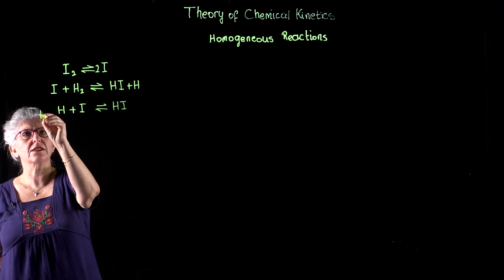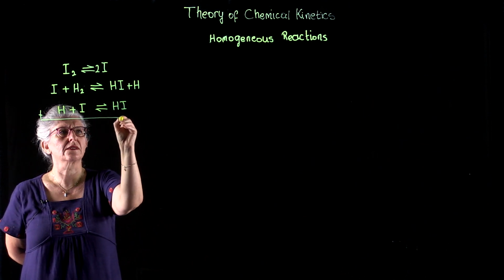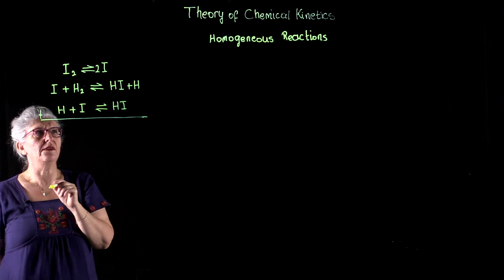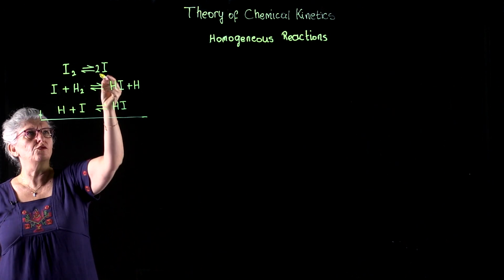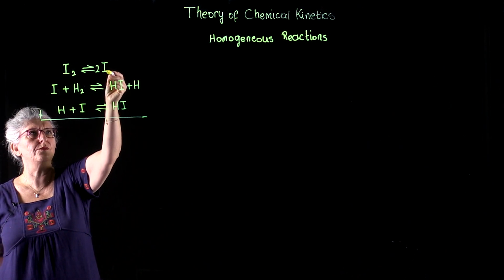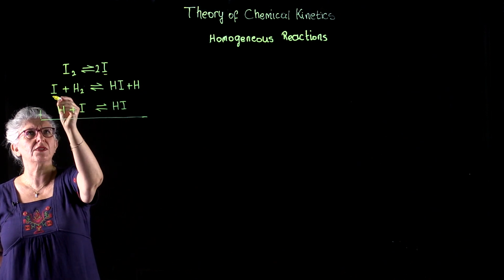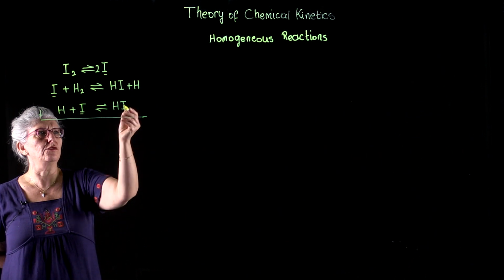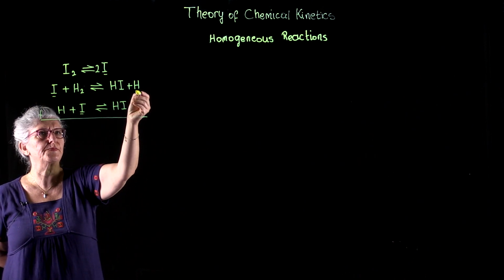The net reaction goes as follows. Here we have two iodide molecules formed. This cancels with this one and this one. We have two hydrogen atoms formed.